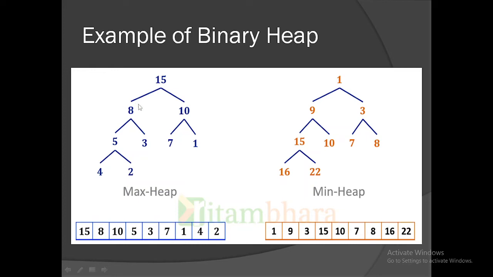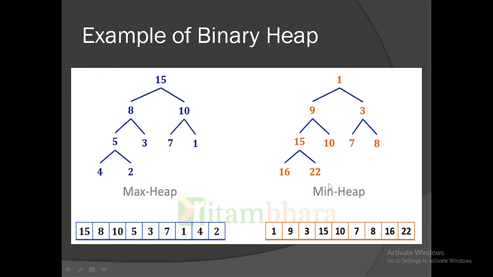This will also contain the maximum of the below ones. See this 10, this is the maximum of 7 and 1. Similarly, this 5 is the maximum of 5, 4, 2, correct?